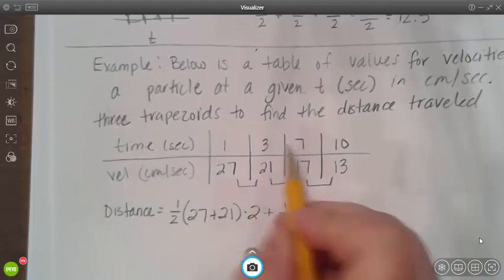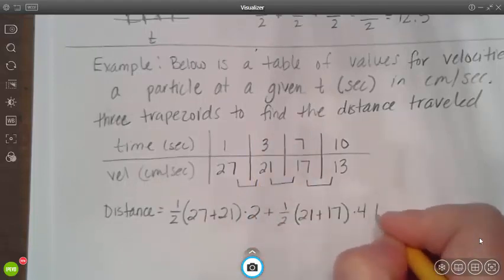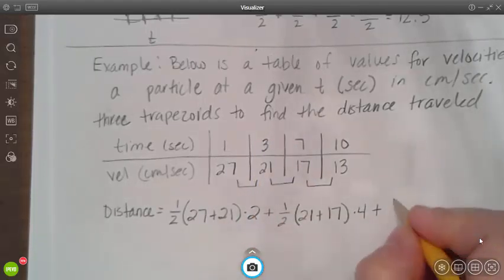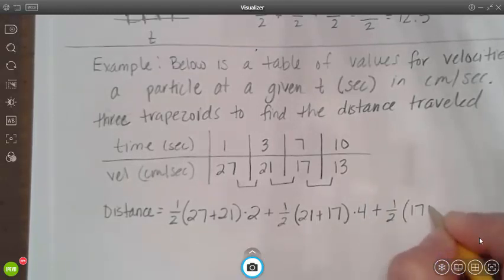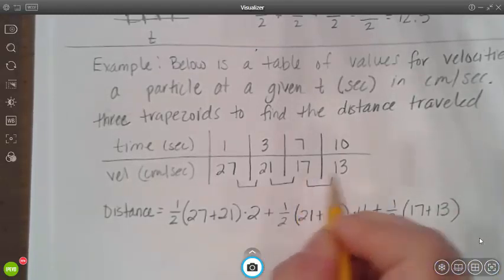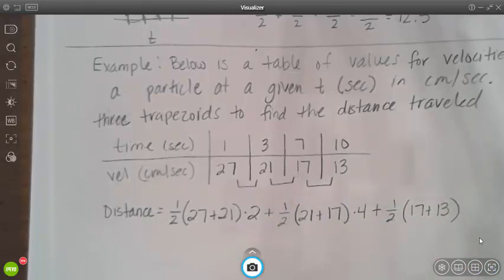And then that distance is 4. Plus 1/2 times 17 plus 13. Those are my 2 bases. And then times this height is going to be 3. Okay? So, 2 times 1/2 really is just 1.